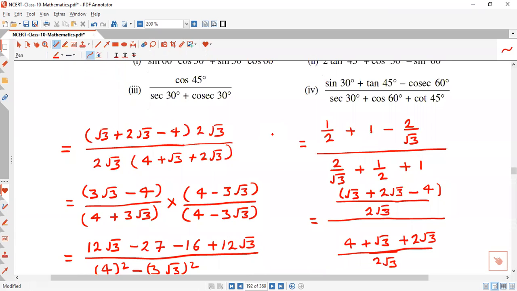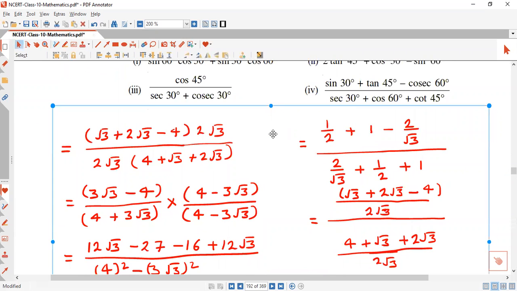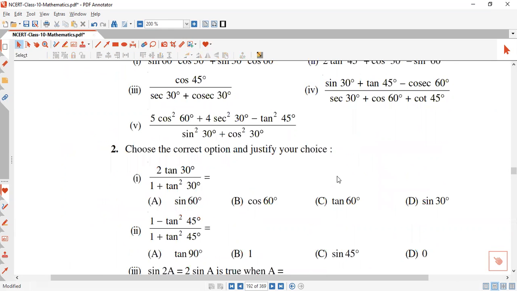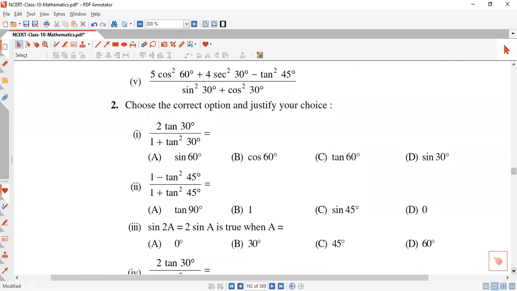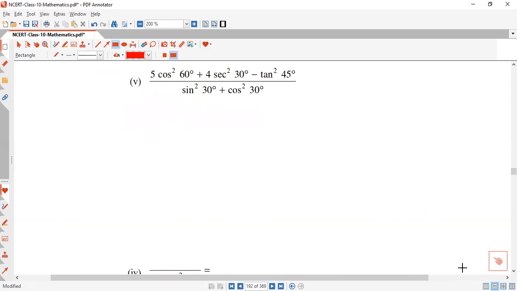I would like you to visualize the answer. Similarly, you can see part 5 of this question. What I say is, put the value first.